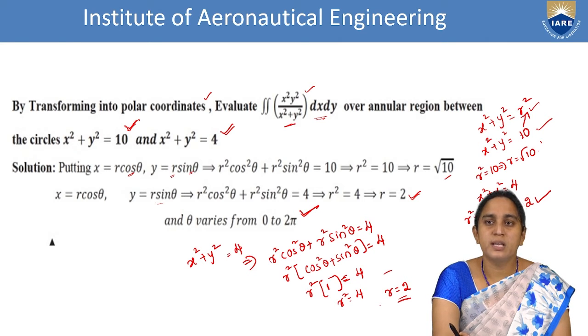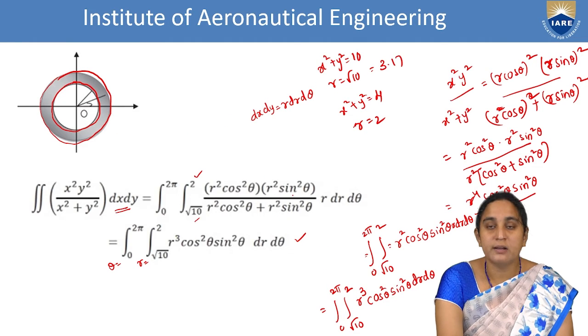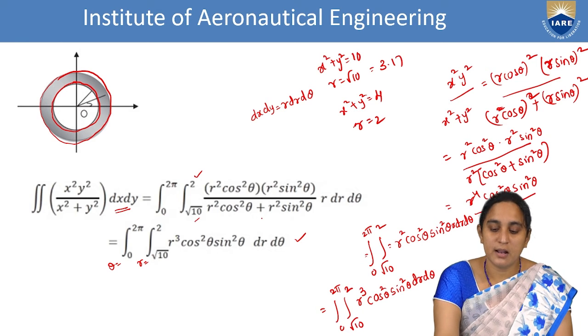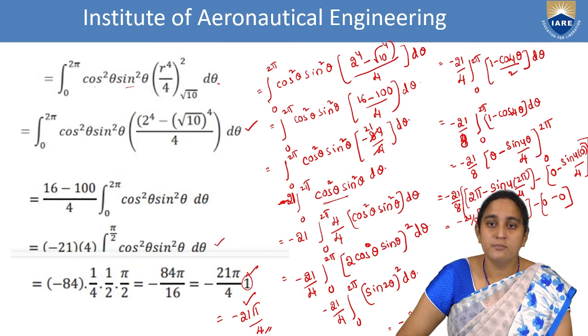Now I'm substituting each and every point in the given function from the Cartesian form. Now it will convert in terms of r comma theta. After that calculation we got the final answer: minus 21 pi by 4, in the polar form.